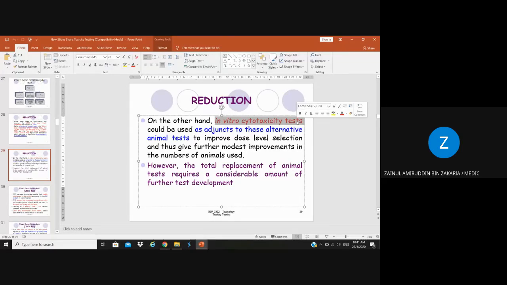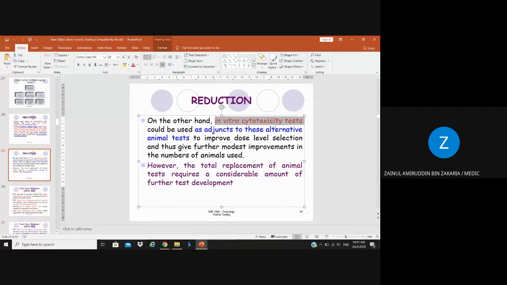Dr. Ruslida also anti-inflammatory. Dr. Abdah and Dr. Sharifah are using in vitro cytotoxicity to study anti-cancer. Okay, there are various types of activity that can be studied using in vitro cytotoxicity.